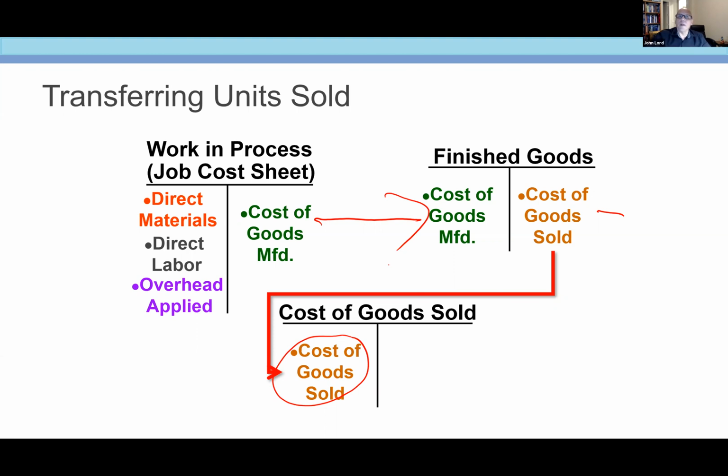Say it, everybody. Cost of goods manufactured is what comes out of work in process and goes into finished goods.